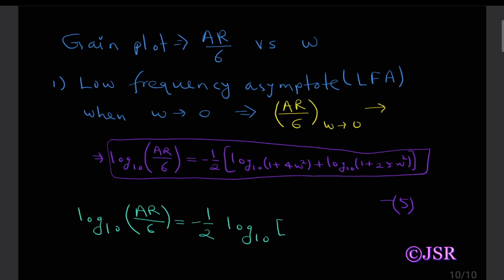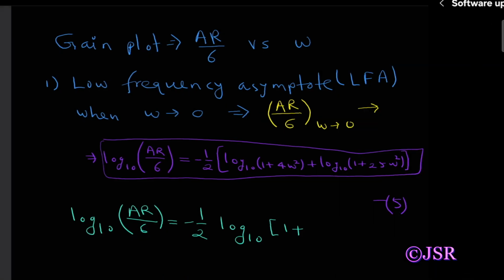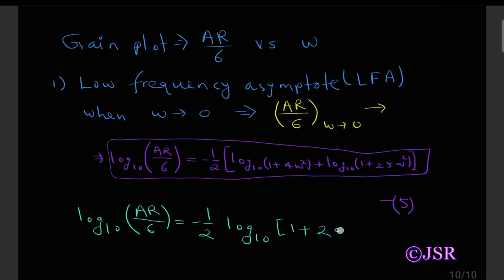So we will get 1 into 1, that is 1, and then we will have 1 into 25 omega square and 4 omega square into 1, that is 29 omega square, and next we will have 4 omega square into 25 omega square, so that is 100 omega square.